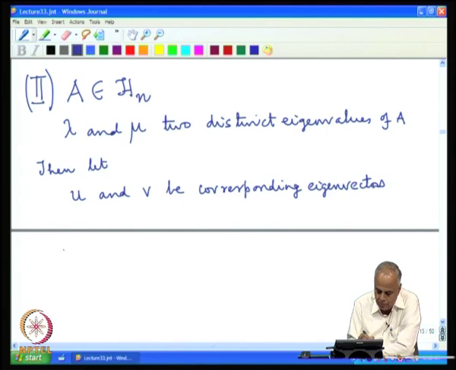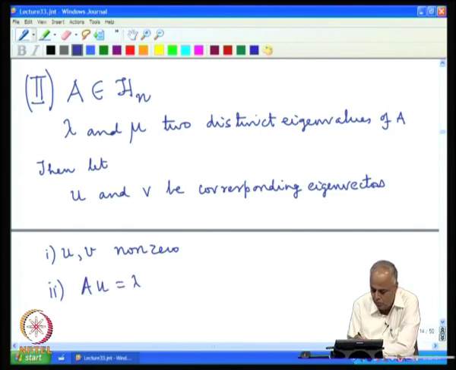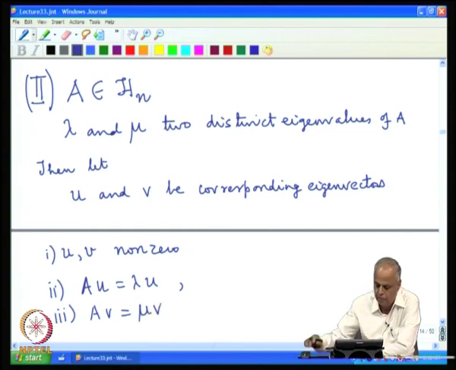What does this mean? The fact that u and v are eigenvectors means u and v are non-zero, and u is an eigenvector corresponding to lambda and v is an eigenvector corresponding to mu.